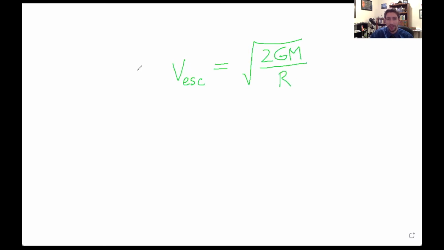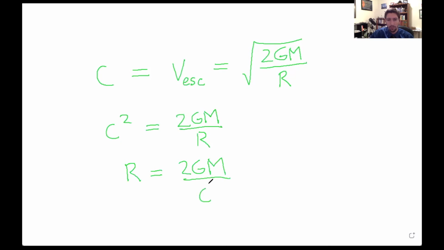So if we set this escape velocity equal to the speed of light, we can find what this radius is. Square both sides. And we solve for r. This radius is known as the Schwarzschild radius. From within this radius, no light can escape, and it is set simply by the mass of the black hole.